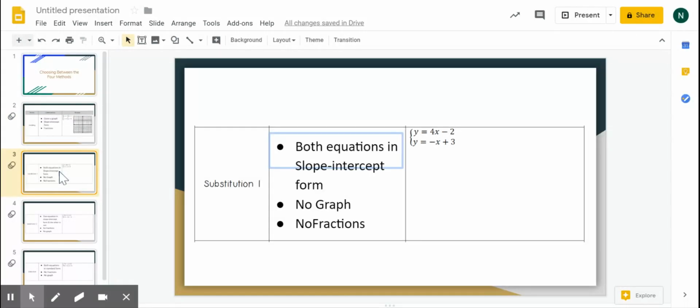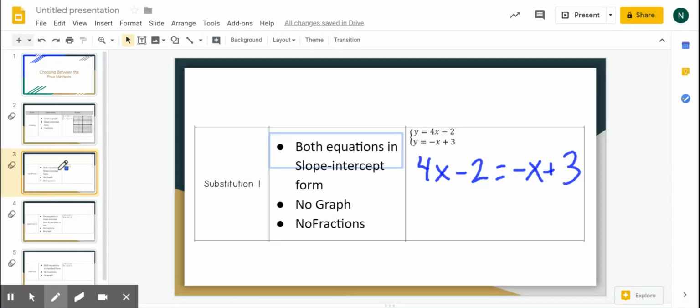Okay, second one, substitution. We know for substitution, they have to be in slope-intercept form, which they are, and then we need to set them equal to each other. So here we have 4x minus 2 is equal to -x plus 3.